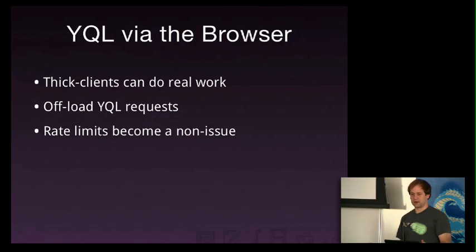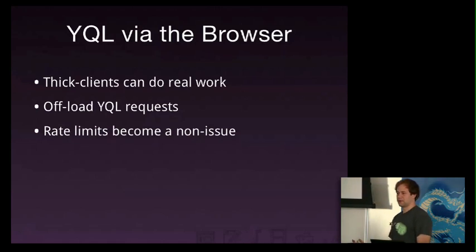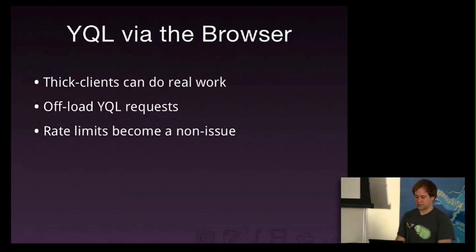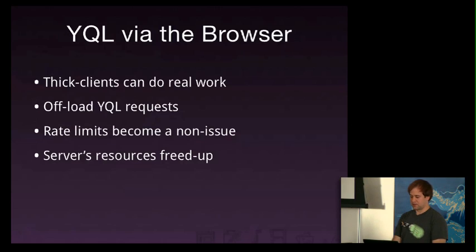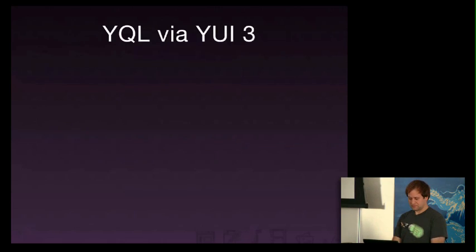We don't have to worry about our server getting rate limited if we're getting a lot of tips coming in because it's spread amongst all the browsers. They're doing the YQL requests. And also with the caching that we're implementing, if some link got very popular and a bunch of people were tipping it in a row, YQL wouldn't be doing all this work each time, since it has the cached results. So it frees up a lot of resources on our end.